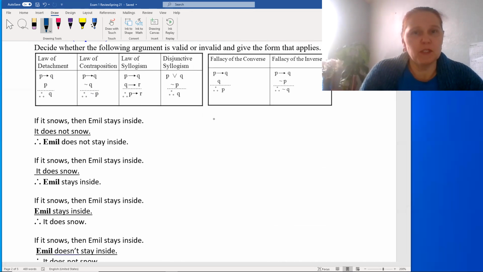First we must represent the statement in symbolic form.